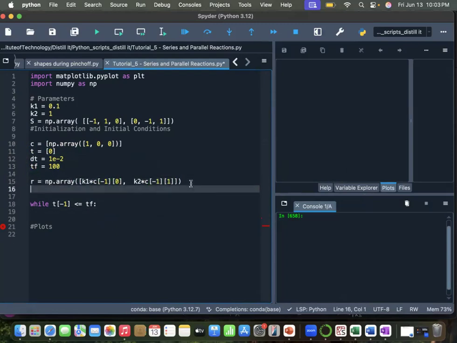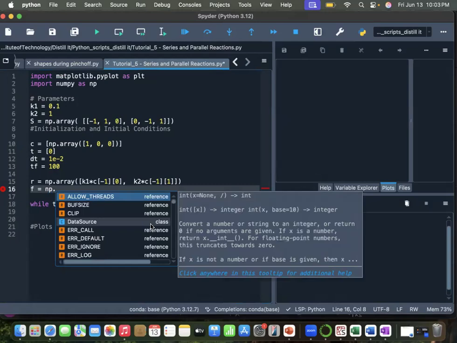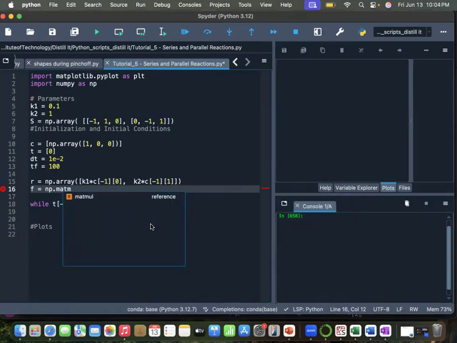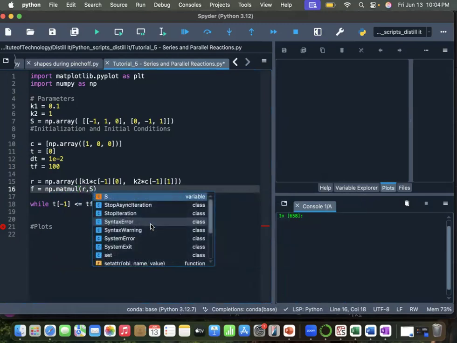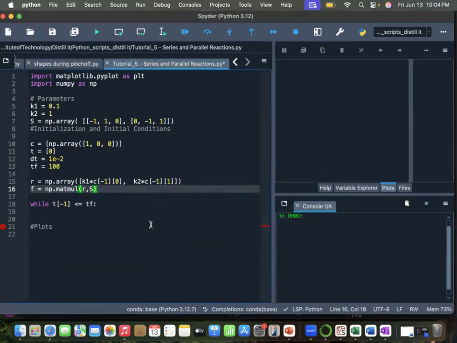And finally, F is nothing but the matrix multiplication of R and S. So maybe we are going to say NP dot matrix multiplication R comma S, right? That's what we are going to do.